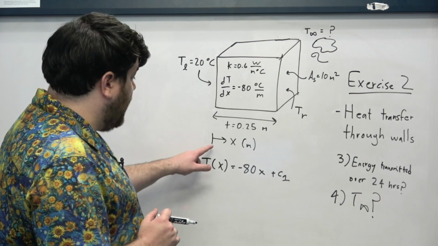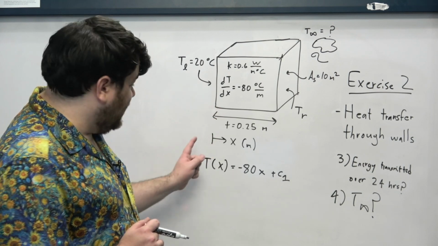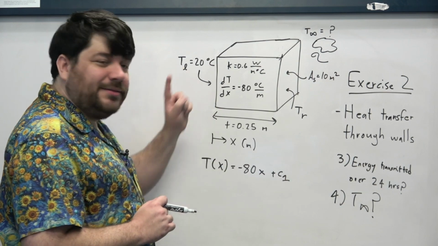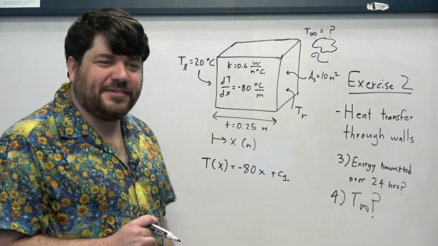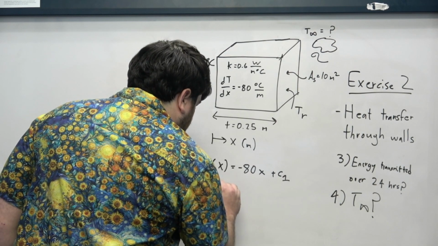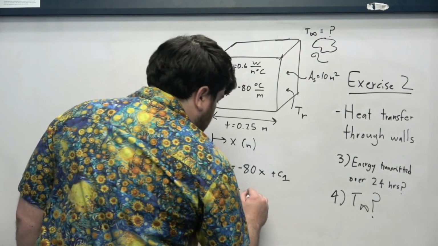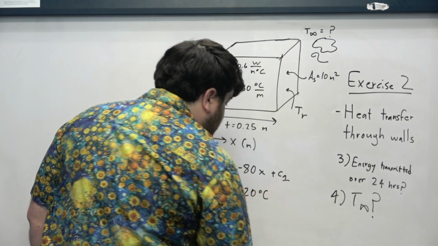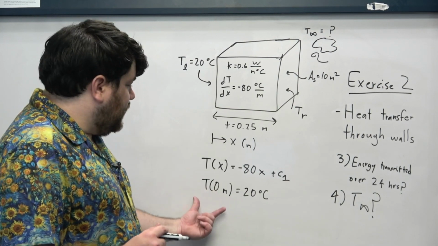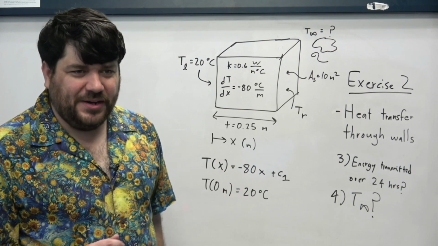That is to say, whenever we go to x equals 0, right? Whenever we go to this left edge of the wall, whenever x is equal to 0, the temperature has to be 20 degrees Celsius, right? So T at 0 meters has to be equal to 20 degrees Celsius. And if we consider how that works, that will tell us what the value of C1 is, right?